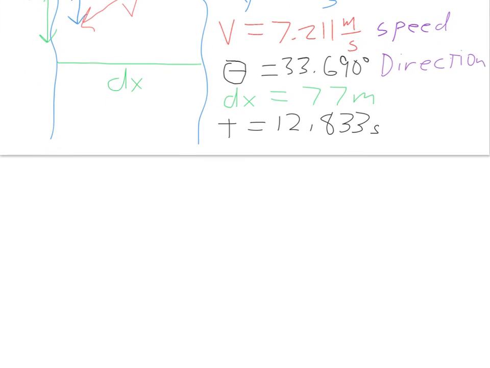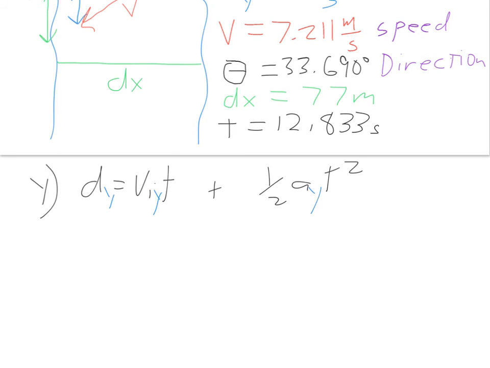This is just an application of the displacement equation, d equals vi t plus 1/2 a t squared, where I'm looking at things in this y direction. Anything that's a vector, I'm going to label with a y. So we've got dy, vy, and ay.